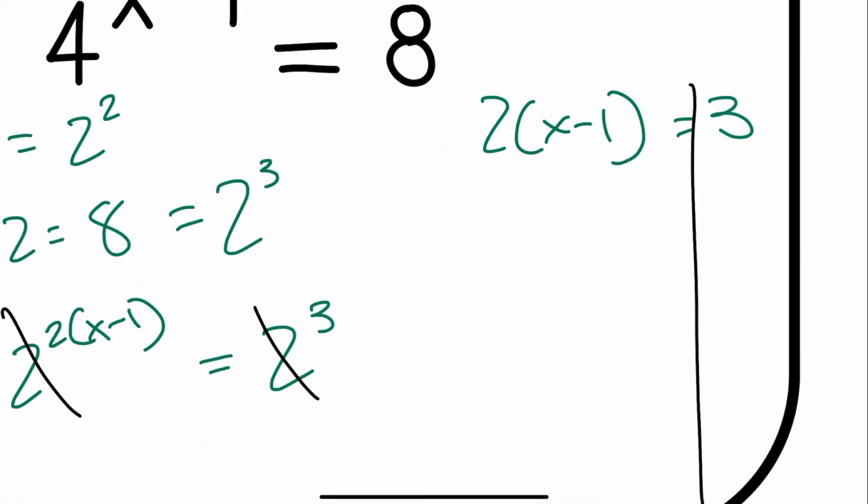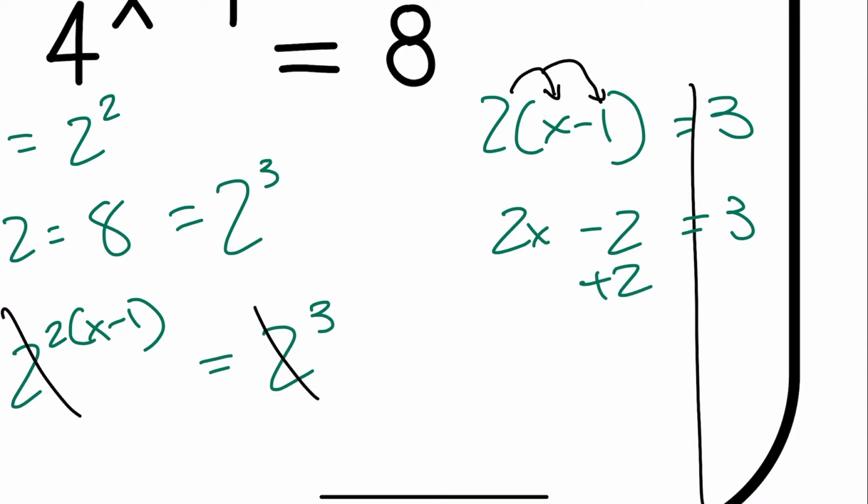All right, so I see parentheses, so that's telling me I'm going to distribute. So I got 2 times x, that's 2x. 2 times negative 1, that's going to be minus 2, equals 3. All right, this minus 2 is in my way first, so I'm going to add 2 to get rid of it. That means this is gone.